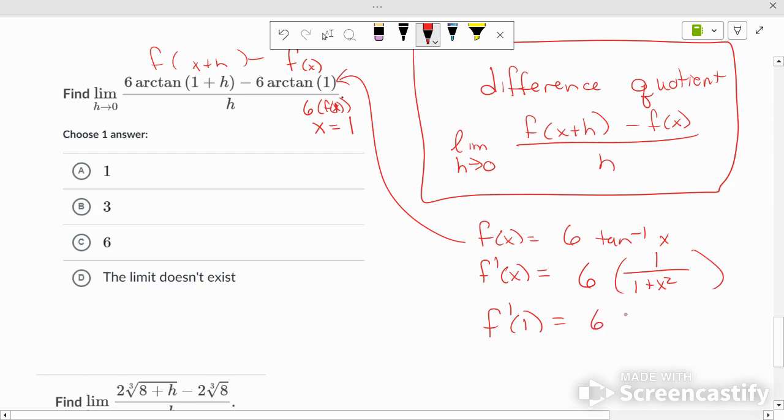So it's 6 times 1 over 1 plus 1 squared. What's 1 squared? 1 plus 1 is? So it's 6 times 1/2, which is 3. That's what they call a disguised derivative.